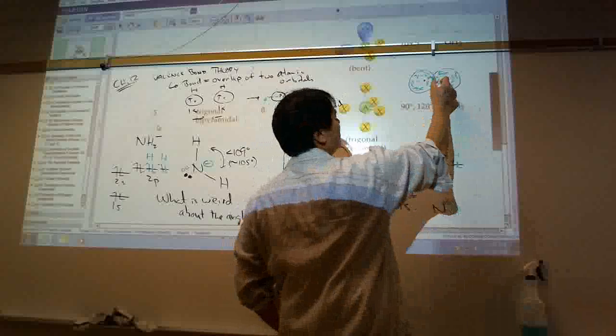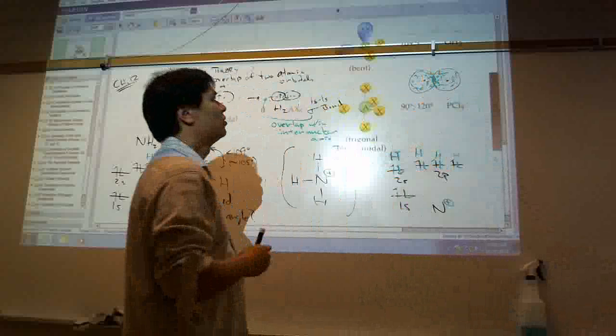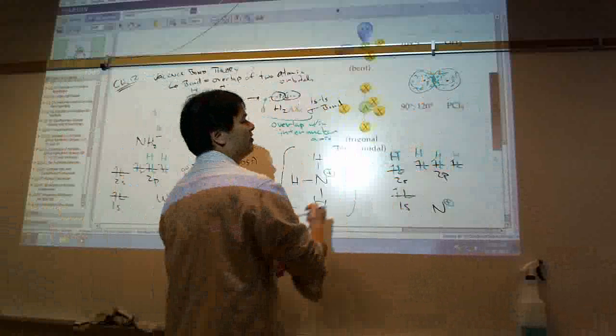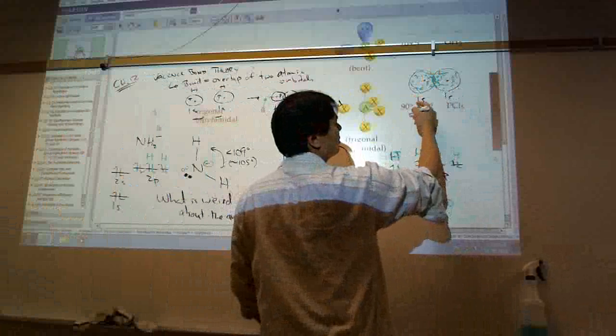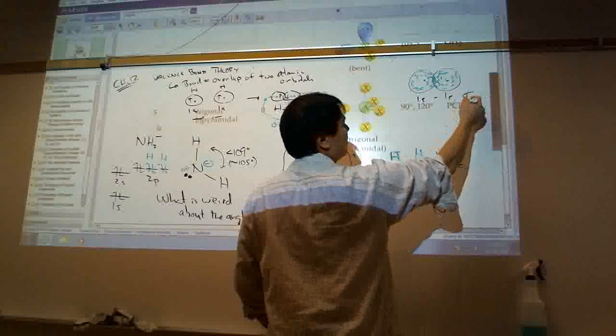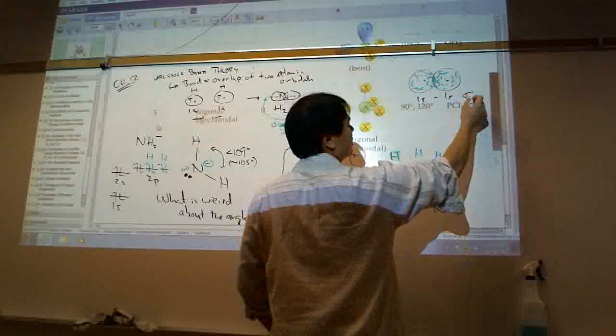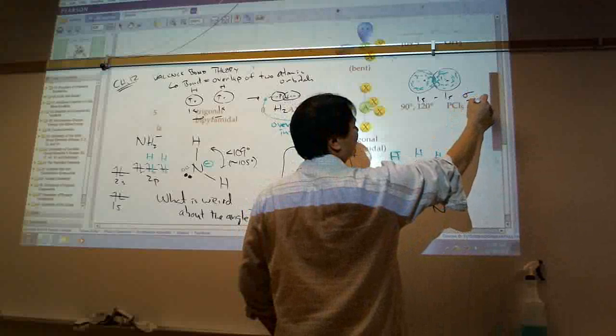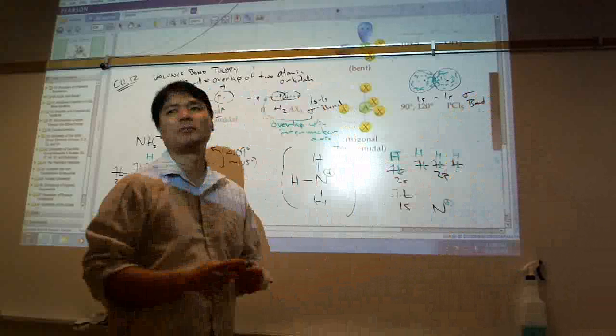And so this is the bond according to valence bond theory. Again, we call this a 1s sigma bond because it's a 1s orbital overlapping another 1s orbital along the internuclear axis.